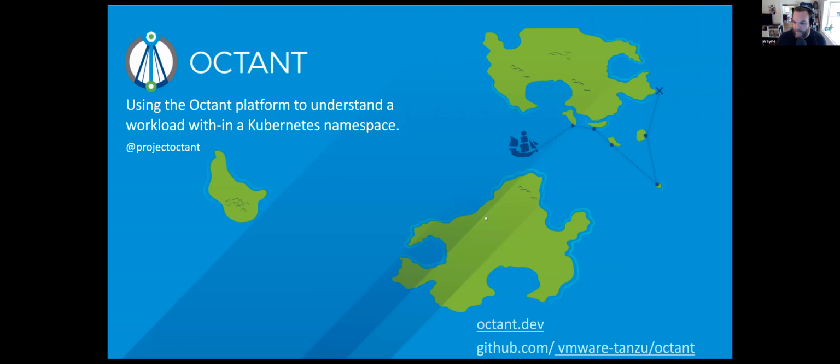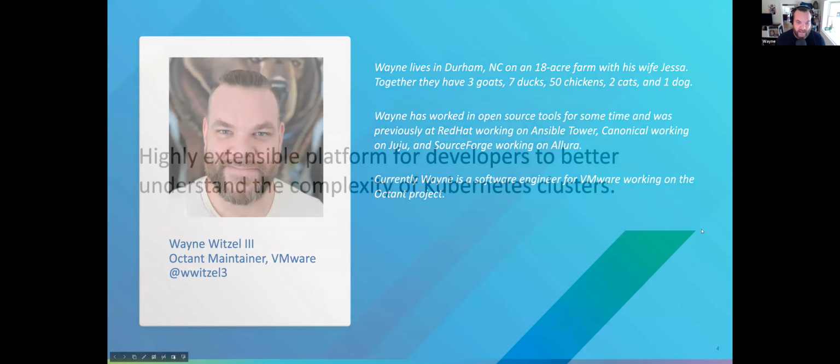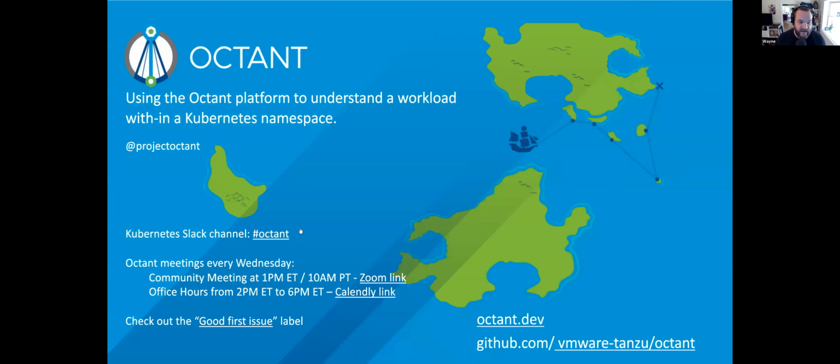And if you wanted interactive help getting up and running and debugging what's going on, we have the Kubernetes Octant Slack channel. I would recommend joining that, and we can help you get Octant up and going on Windows.